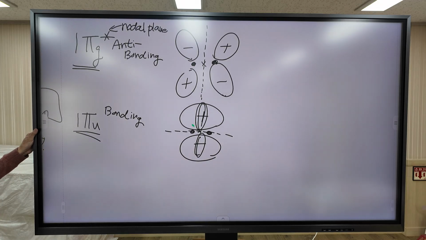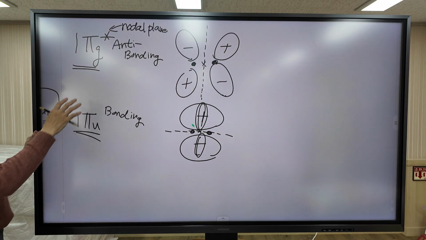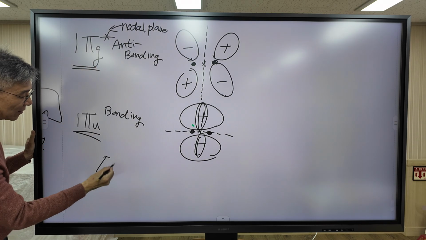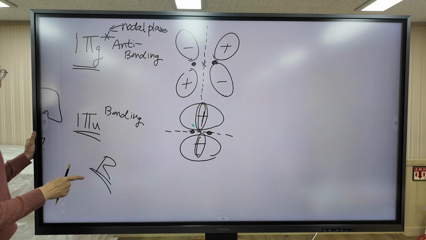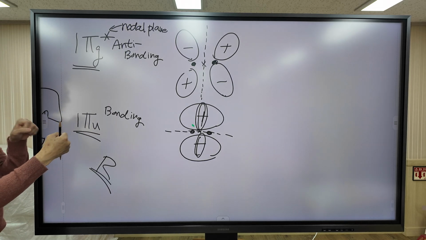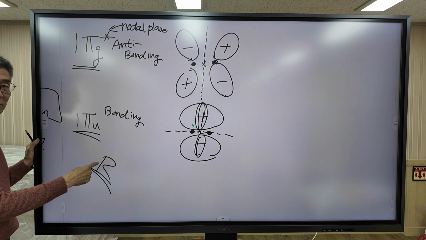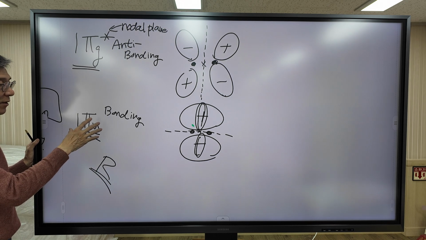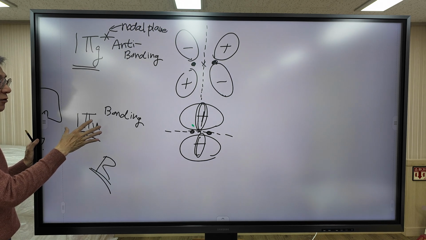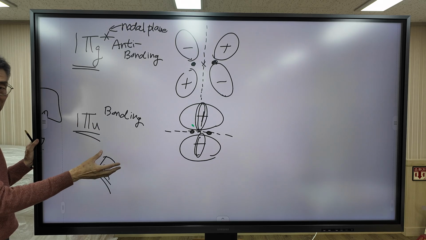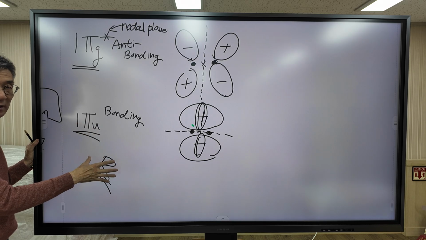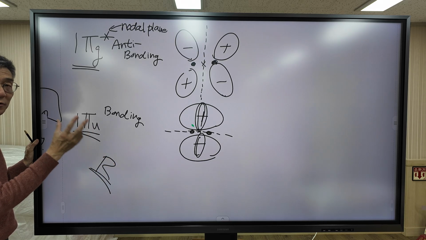But as I said repeatedly, the molecular orbital depends on R, which is the distance between two nuclei. When R changes, the energy level of the molecular orbital and the shape of the molecular orbital change, right?